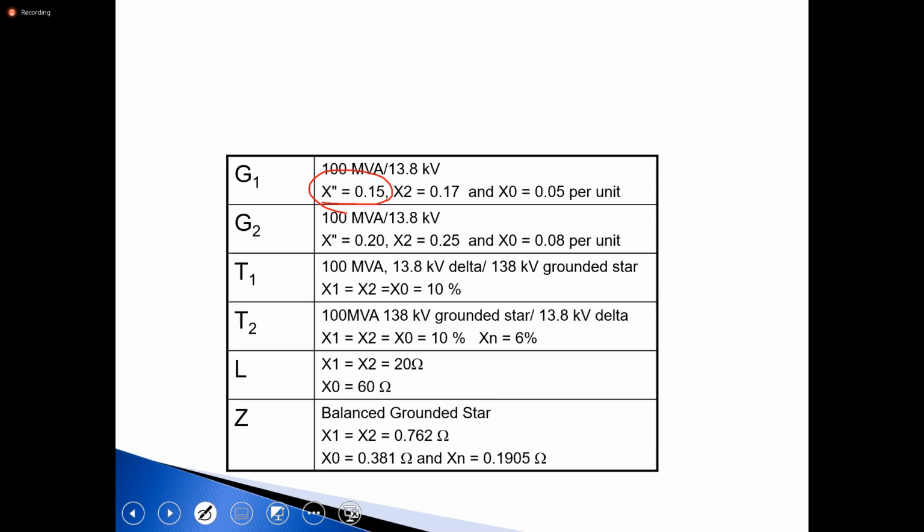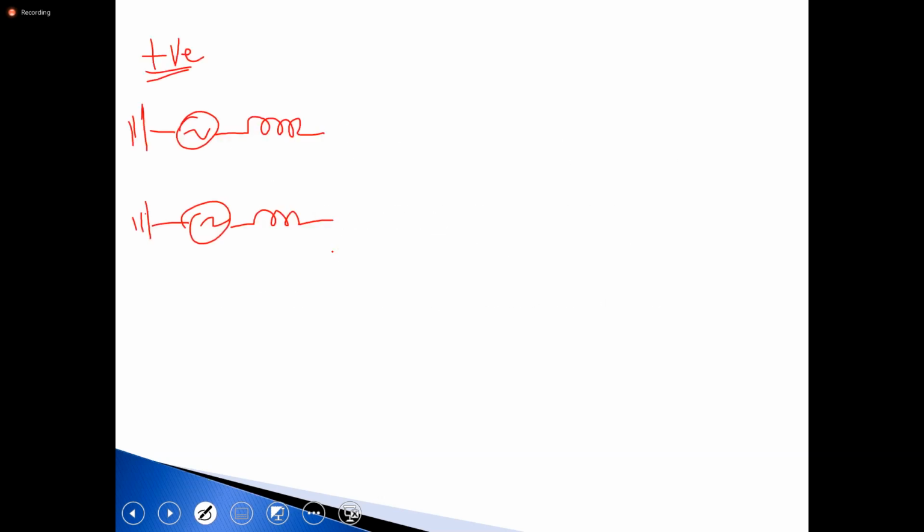So X1 for generator 1 is 0.15, and for unit 2 is 0.2. Of course, that's per unit. Remember that we are just redrawing the original network.